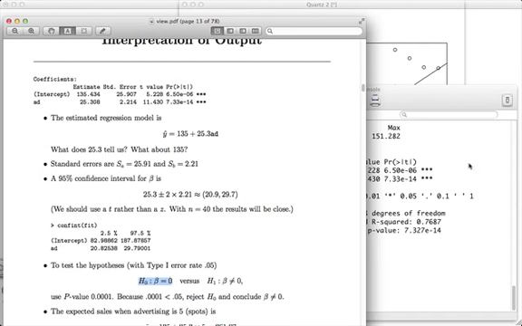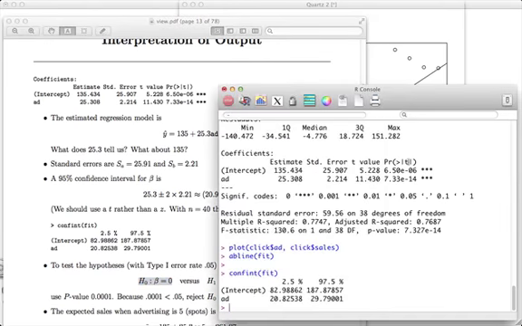So how are we going to do this? It's such a common task that R and every other regression package on the planet gives you the p-values for it. So here is the p-value. It's 7.33 times 10 to the minus 14th. So that's a bunch of zeros and then 733.